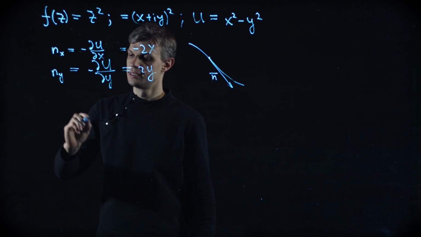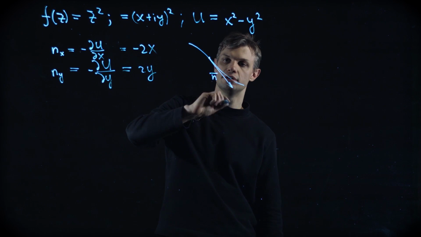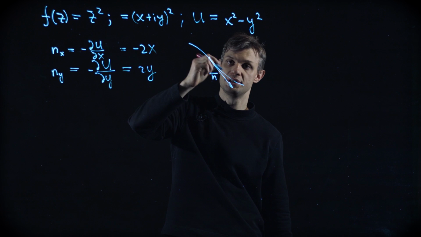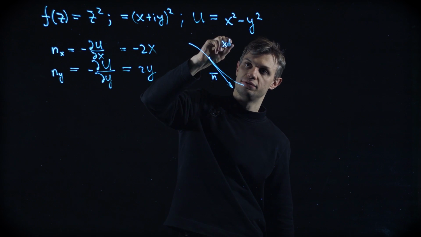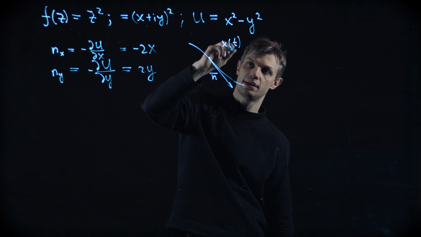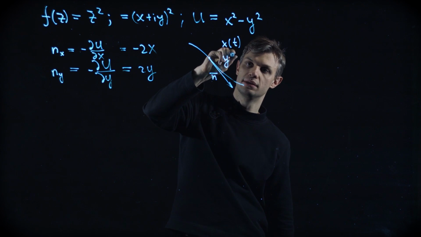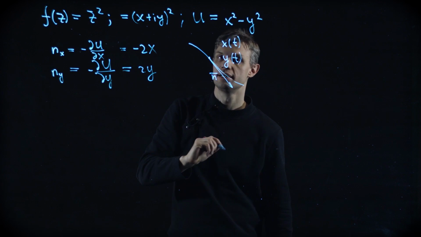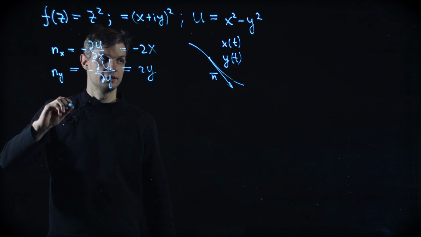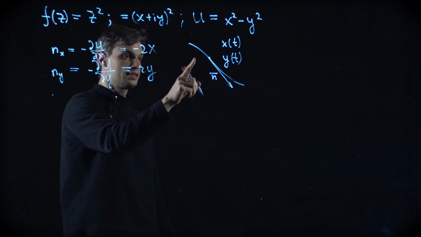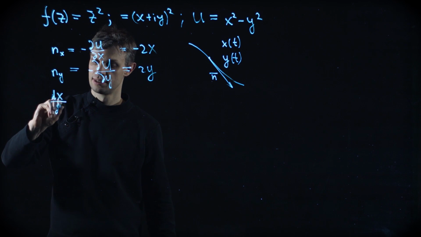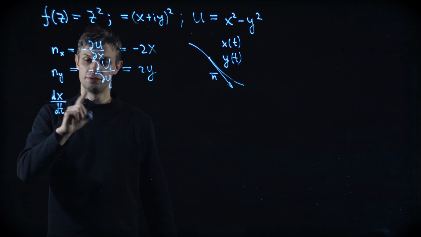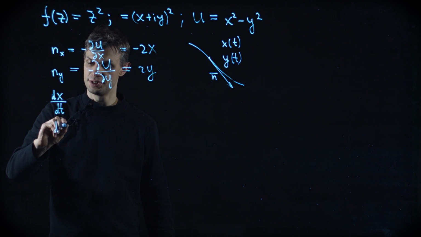Basically it means that if we parameterize this curve by some parameter s, or t, whatever, x of t and y of t, then the tangent vector is defined by the derivative of x and y with respect to this parameter.